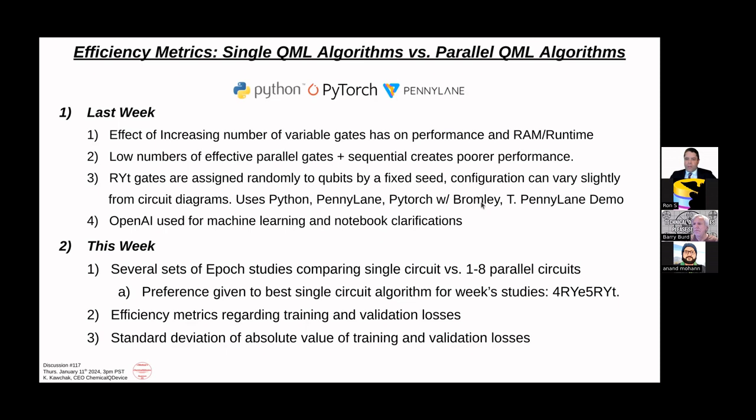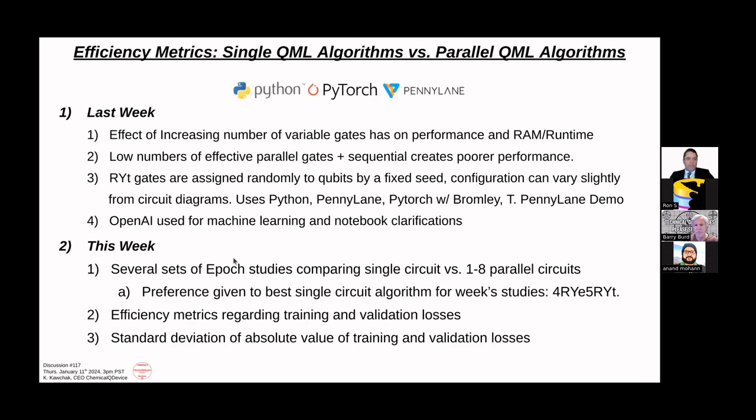Thomas Bromley created these two Keras and Torch notebooks, and you can create whatever architecture you want, keeping in mind that quantum circuits are quite involved themselves. So maybe sticking to parallel circuits might make sense at this point. And OpenAI is being used for machine learning and notebook clarifications. It's a good tool for that.